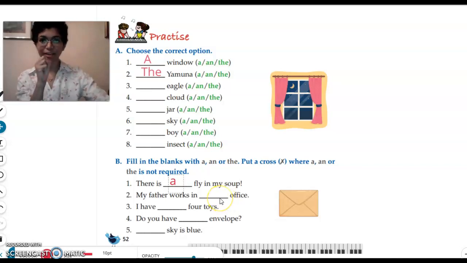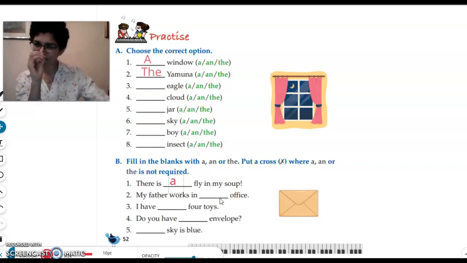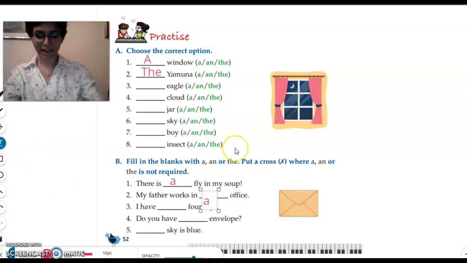But here we are also talking about a general office, not a specific one, but a generic term. Okay, so what do I write here? My father works in an office, right? My father works in an office. Right, let me write, in an office.